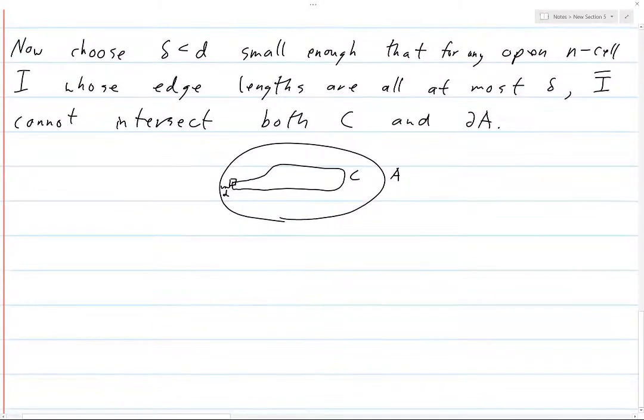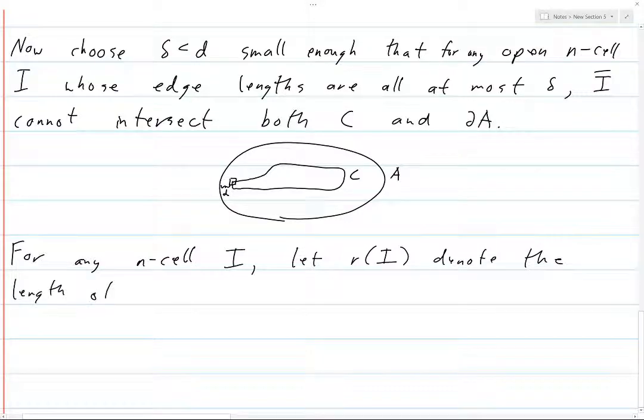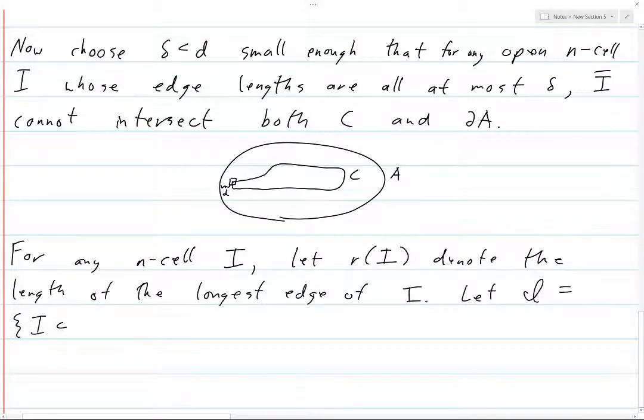Okay? So anyways, we're going to keep this delta in mind. Also, for any n-cell I, of course an n-cell here is just the direct product of n intervals, let r of I denote the radius of I, the length of the longest edge of I. And we're going to define script I to be the set of all n-cells contained in the set A such that the radius of I is less than or equal to delta.